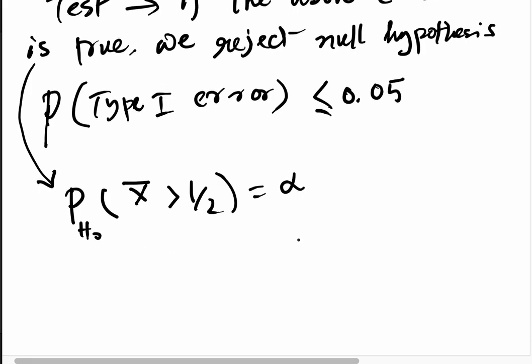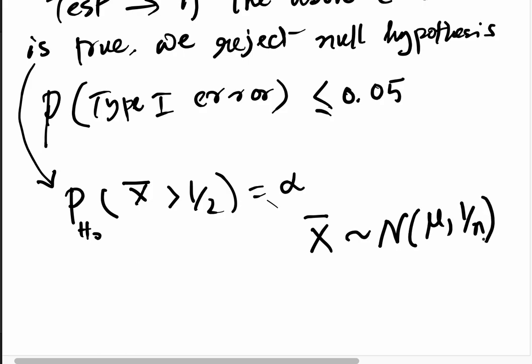And we know that this x bar will follow a distribution that is normal with mean mu and variance 1 by n.